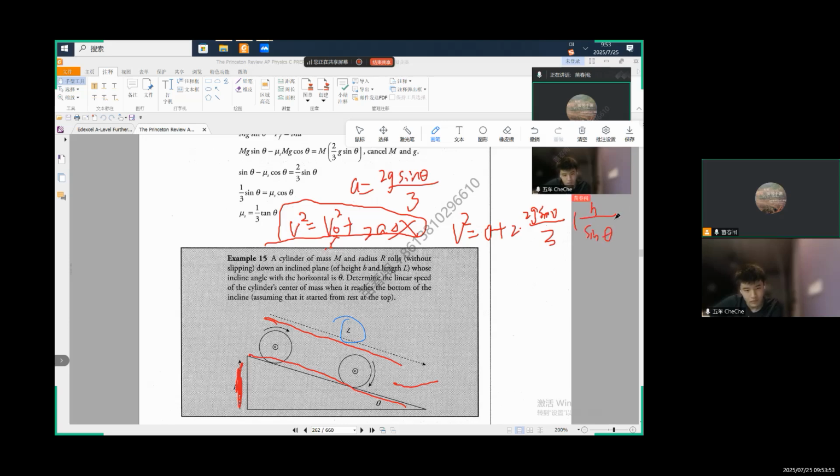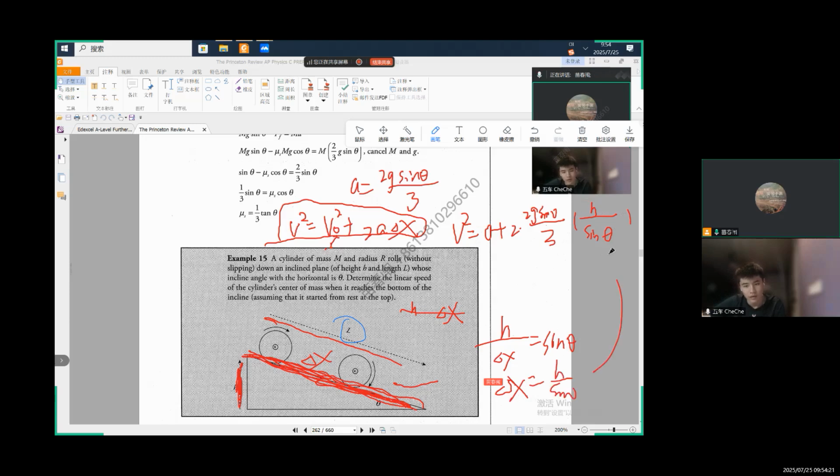Is that making sense to you? Your delta x, the distance traveled, is h over sine theta. Why is that again? Because h over delta x is my sine theta. See, this is delta x, right? Oh yeah, inverse. So that's why delta x equals h over sine theta.